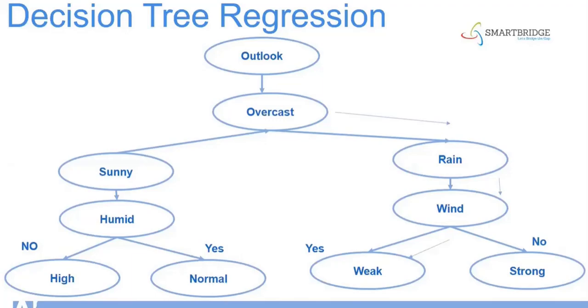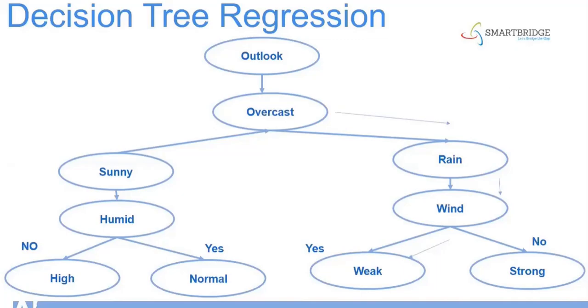So entropy is nothing but disorderedness of data or impurity of data. So suppose all the things are merged together, then the entropy will be very high. If the entropy is high, then the disorderedness of data is high.